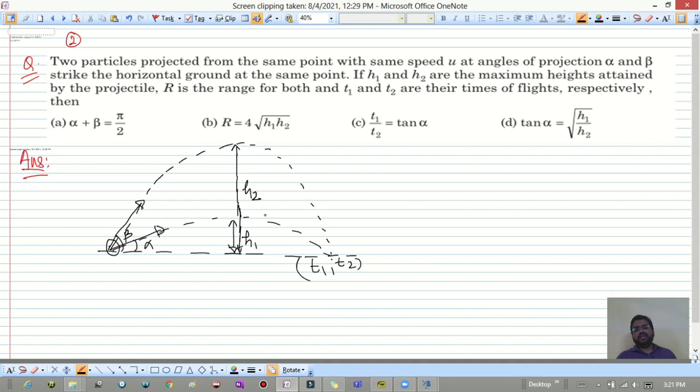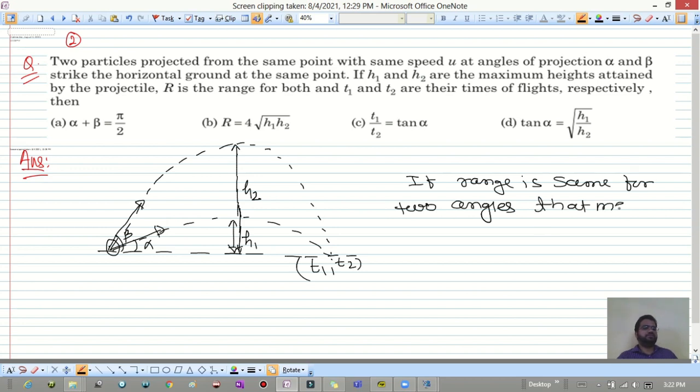Now see, if range is same for the two angles, that means the given angles are complementary angles.